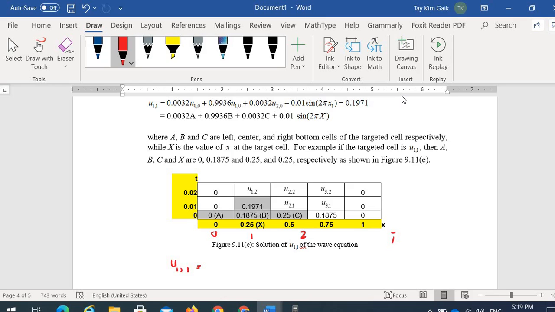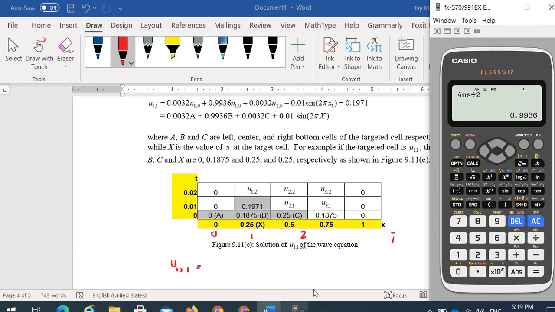Okay, and you calculate, you may put it this way, and then if you calculate manually, you are going to calculate 0.0032, and then you need to key in this cell value, which is 0, and you write this way, and then plus 0.9936 U10, the value is 0.1875.